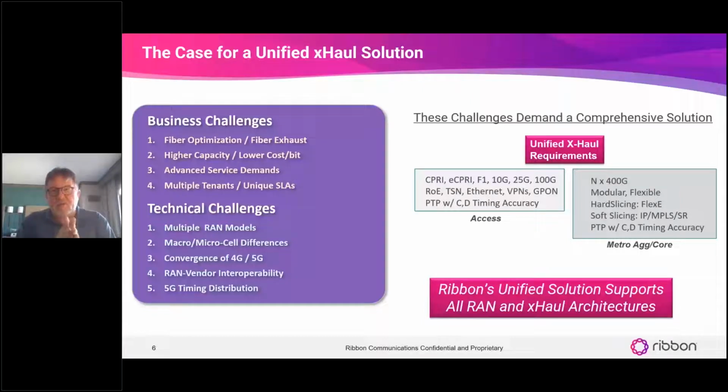So if I have an ultra premium customer, then I can not only use my software to isolate their traffic and give them effectively an HOV lane through the network, but I can register and reserve hardware components, interfaces, portions of CPU, portions of RAM that can only be used for that customer. That's hard slicing. These are technologies that have come about because 5G is driving us there.